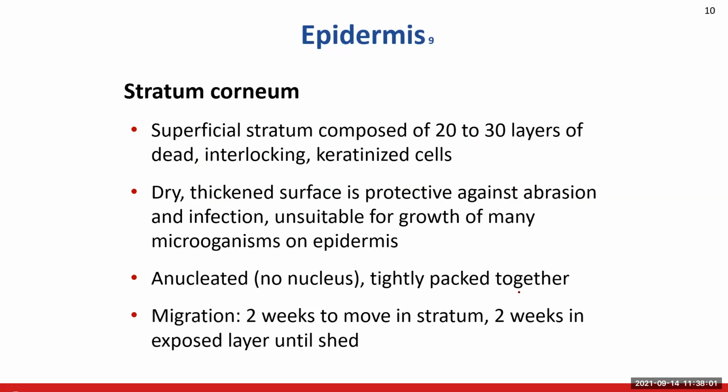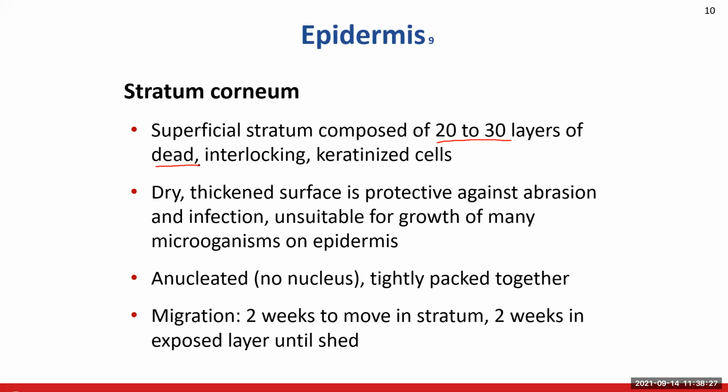And then finally, our last outermost layer, the most superficial layer, is the stratum corneum. It ranges between 20 to 30 layers, but again, these cells are dead. And because of that and that keratinization process, the outer layer, this is what you're looking at when you're talking to somebody. You're seeing their stratum corneum.